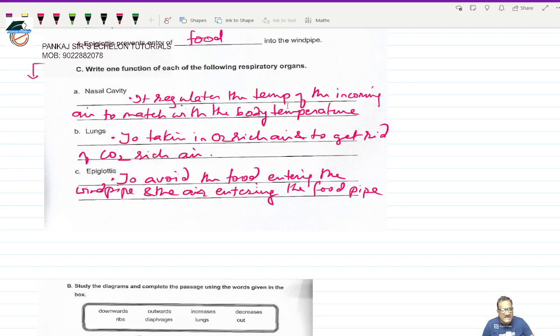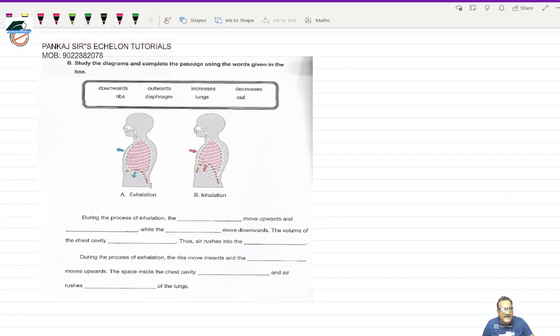The next question is this one. Study the diagram and complete the passage using the words given in the box. The words are given here in the box and you have to complete the passage. During the process of inhalation, when you are inhaling air, the dash move downward, the dash move upwards and dash. Upwards and outward.